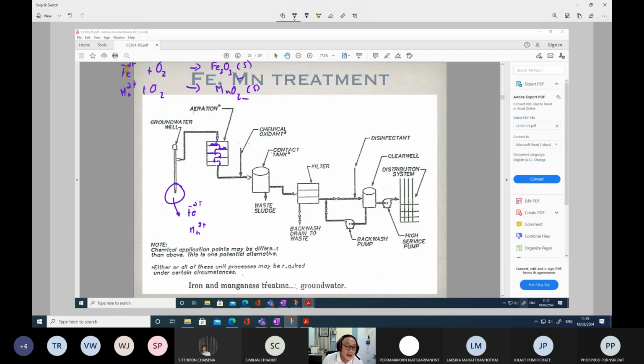That is why in the next unit operation, we should provide sedimentation tanks or any form of tank which allows the iron and manganese to precipitate. So this is the procedure we use to remove Fe and Mn, especially from groundwater. From surface water, there would not be any problems because water is already exposed to the oxygen. Only a small amount of dissolved iron and manganese exists.